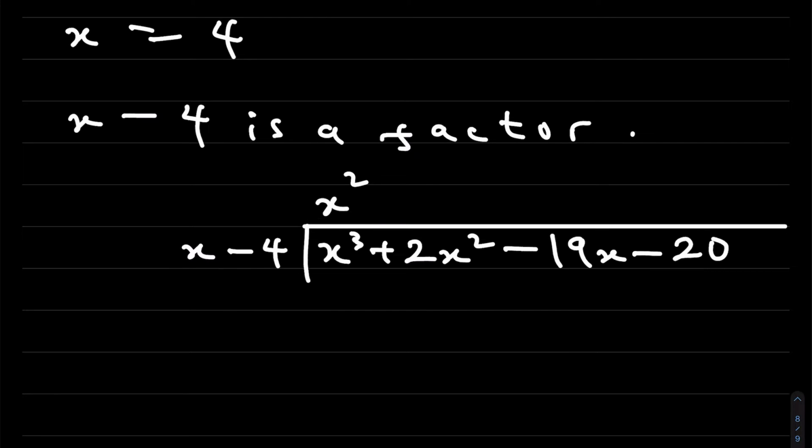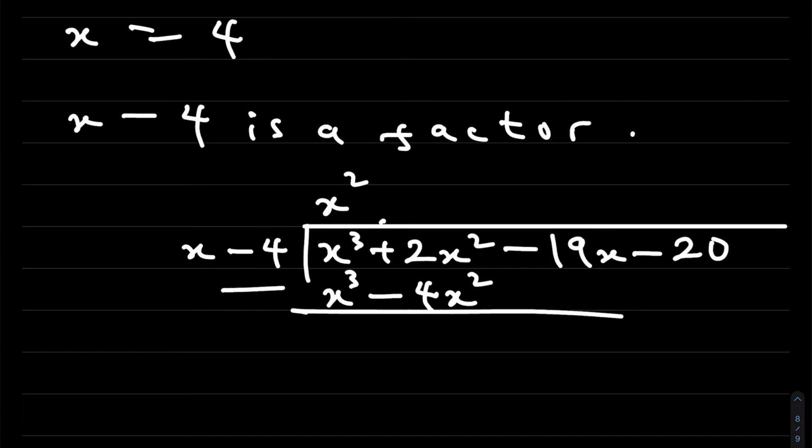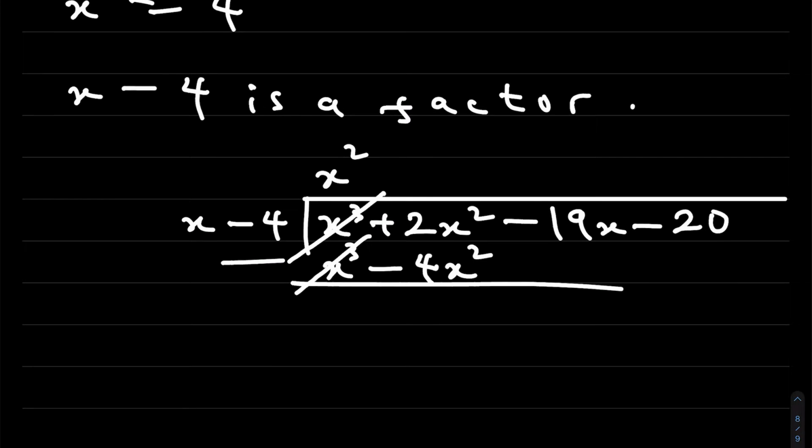That simply means x times x squared is x cubed, minus 4 times x squared, minus 4x squared. We subtract: x cubed cancels x cubed, and 2x squared plus 4x squared is 6x squared.